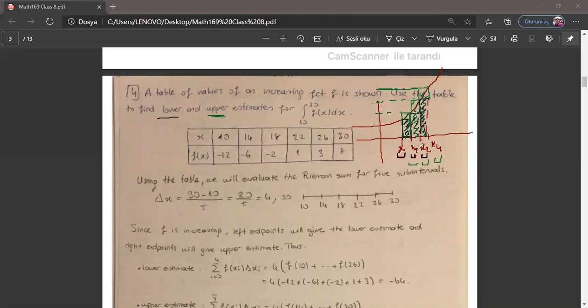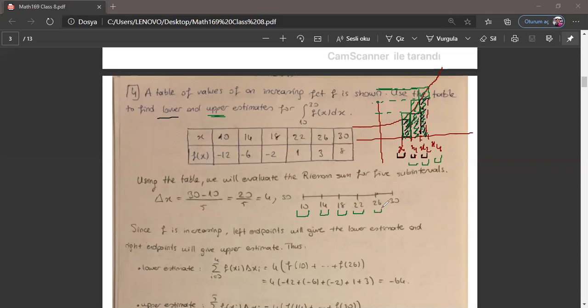When x is greater than the previous one, the function's value will be greater than the previous one. That's why we have the greater area, if we compare with the previous one. So for lower estimate, we take left-hand points.